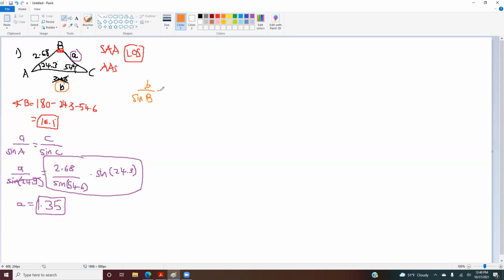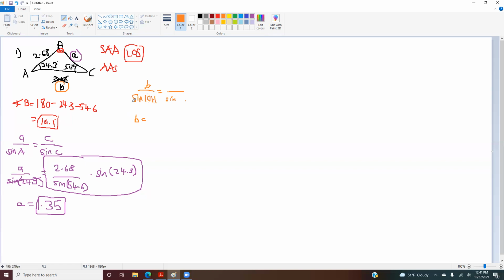Make sure capital for the angles. C over sine C. Okay. Go ahead. I want you guys to figure out what B is. So replace this by your missing. Does anyone know what angle B is? You just found early on, 101.1.